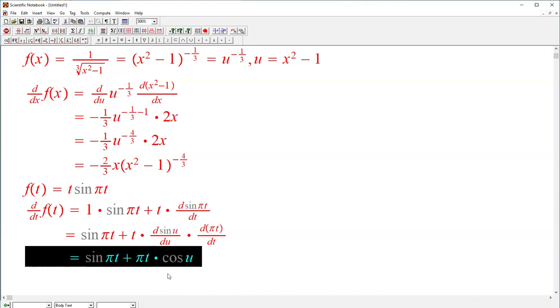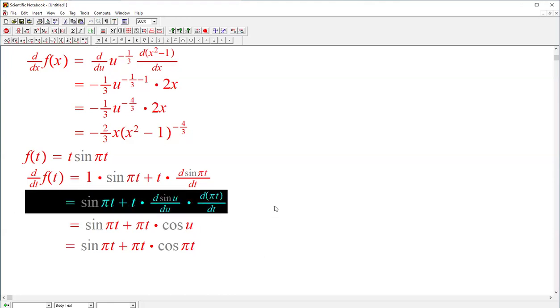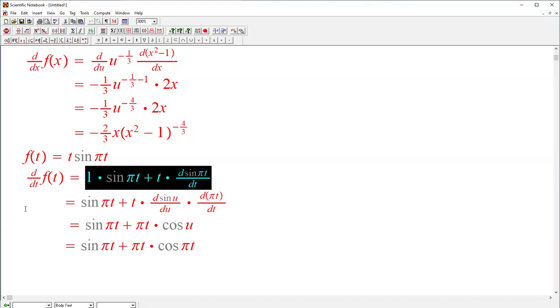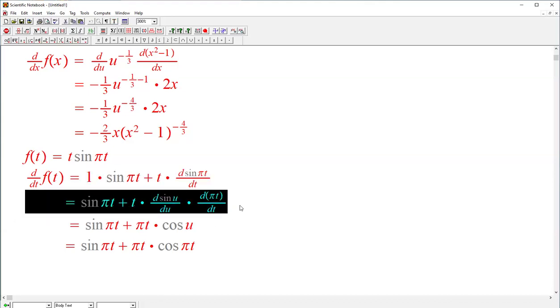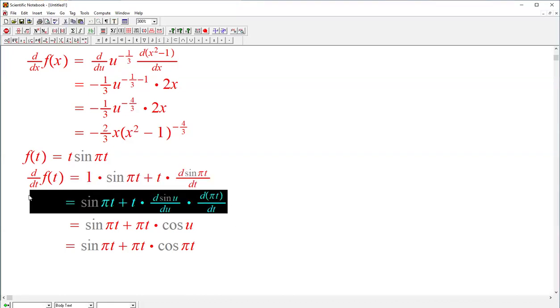In the end, we're going to replace u by pi times t. So that's done. This step in the middle, and even this step, these two steps can be optional.